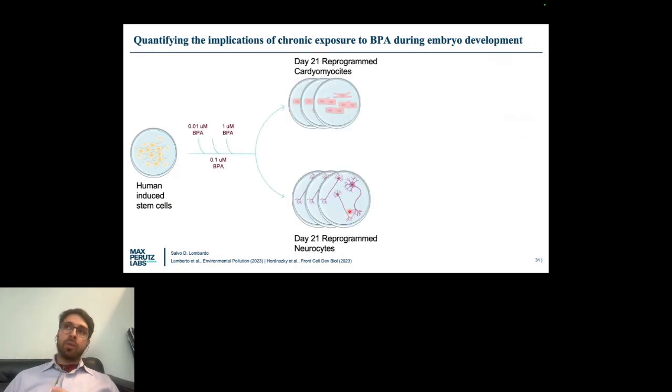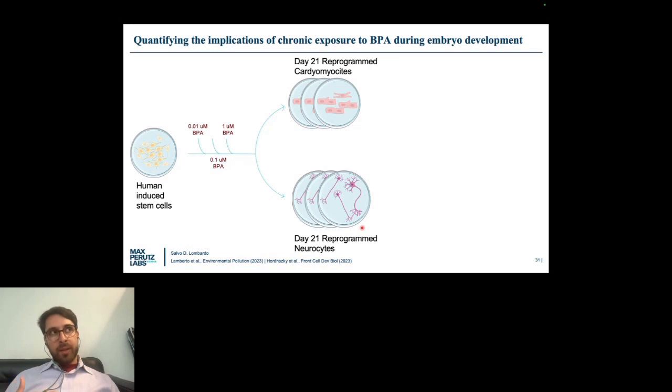And we decided to go for two different cell types: cardiomyocytes, those cells that are constituents of the heart, and neurocytes, those cells that then are responsible for creating the brain.